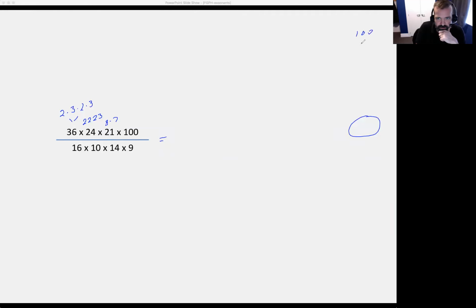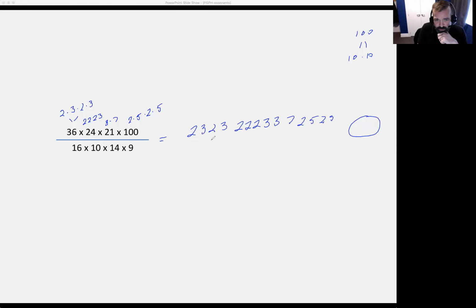And what's 100? All right, I'll go off to the side and do 100 is 10 times 10. Oh, a 100 is 2 and a 5 and a 2 and a 5. All right, so what do I got? I got 2, 3, 2, 3, 2, 2, 2, 3, 3, 7, 2, 5, 2, 5.